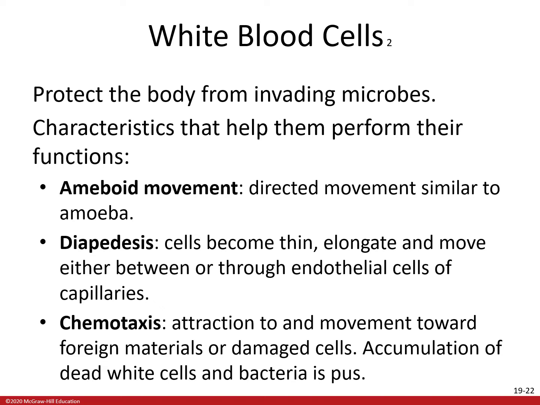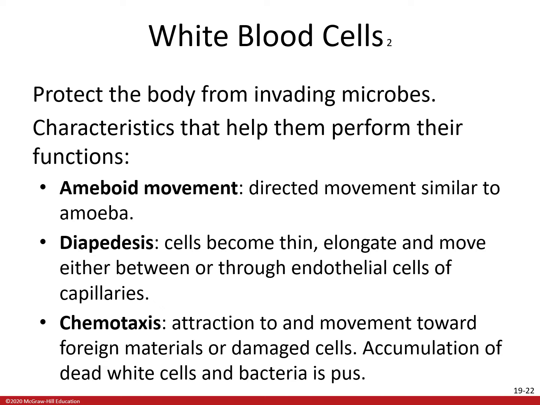The next one is diapedesis, which I could be saying wrong, who knows, but we're just going to go with it. But this is where the white blood cell is going to become thin, elongated, and move either between or through endothelial cells of capillaries. Imagine really thinking skinny thoughts and kind of squeezing in between maybe a wall and somebody's chair if you're trying to move around them, if they're around like a dinner table or something.